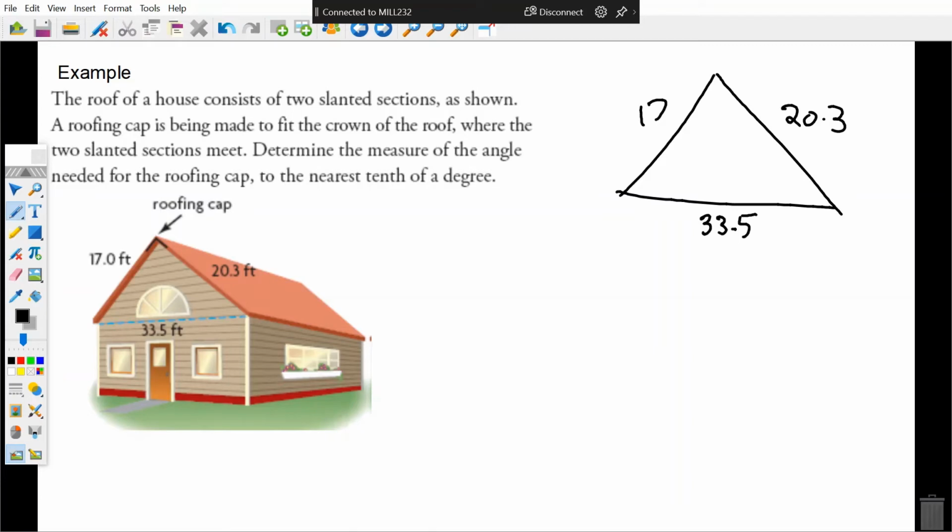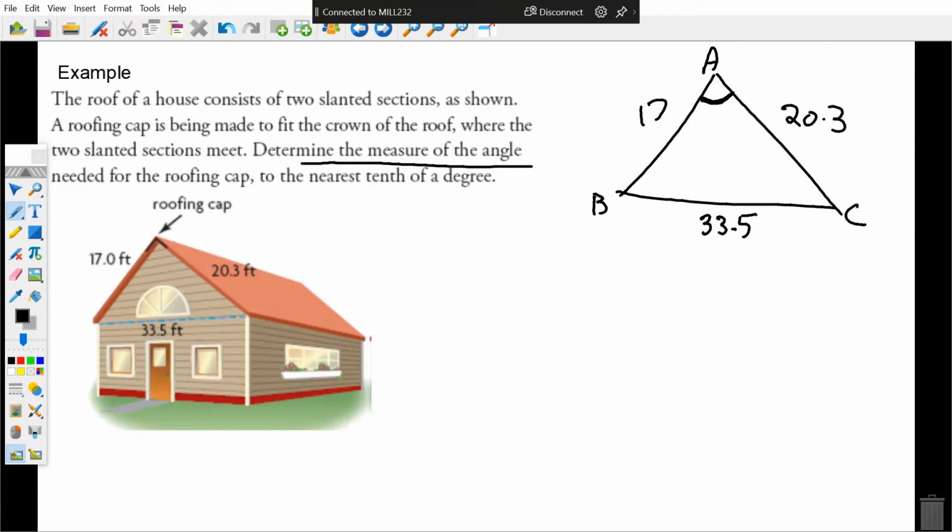The question says, determine the measure of the angle used for the roofing cap, which the diagram tells us is right at the top. So we are looking for this angle right here. Let's call this A, we'll call that B, and we'll call that C.